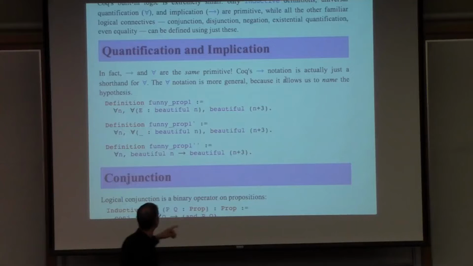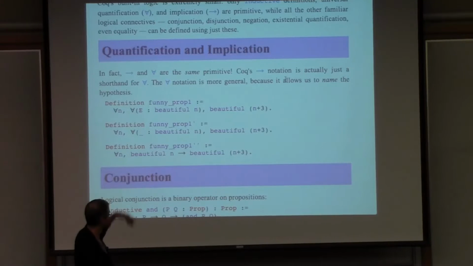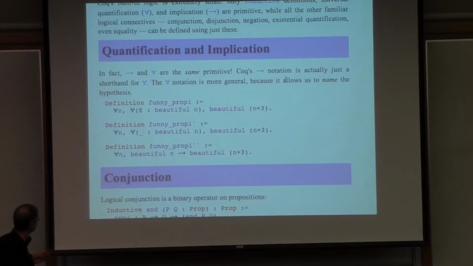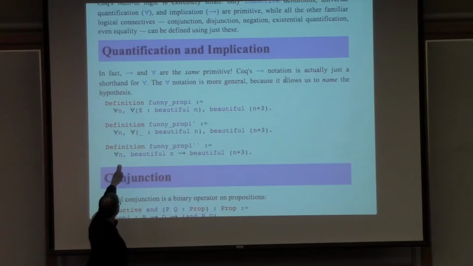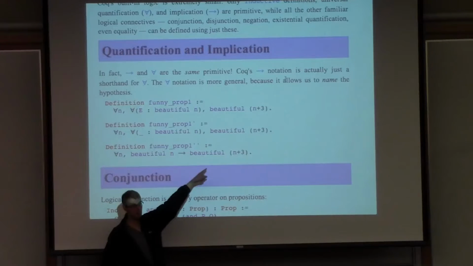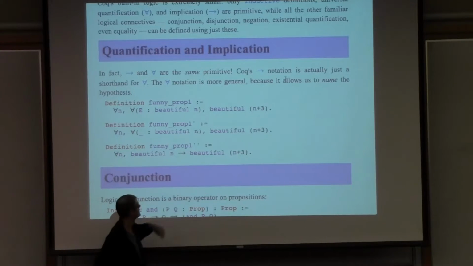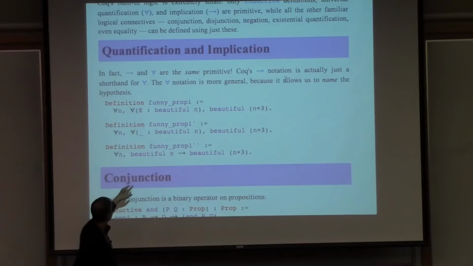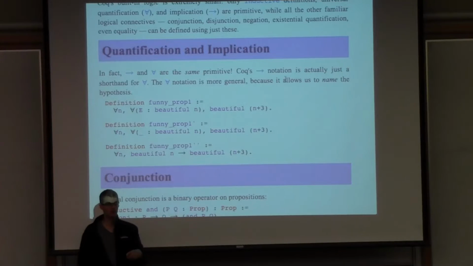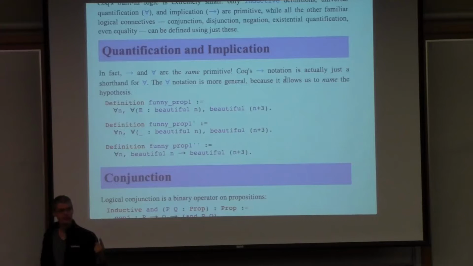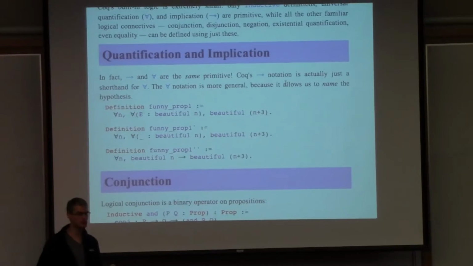Okay, so here's the same silly proposition written three different ways. So the last way is the most natural way, which says if n is beautiful, then n plus 3 is. Notice that intuitively, this piece of evidence is a two-argument function. It takes n, and it takes a piece of evidence that n is beautiful, and it returns evidence that n plus 3 is beautiful.